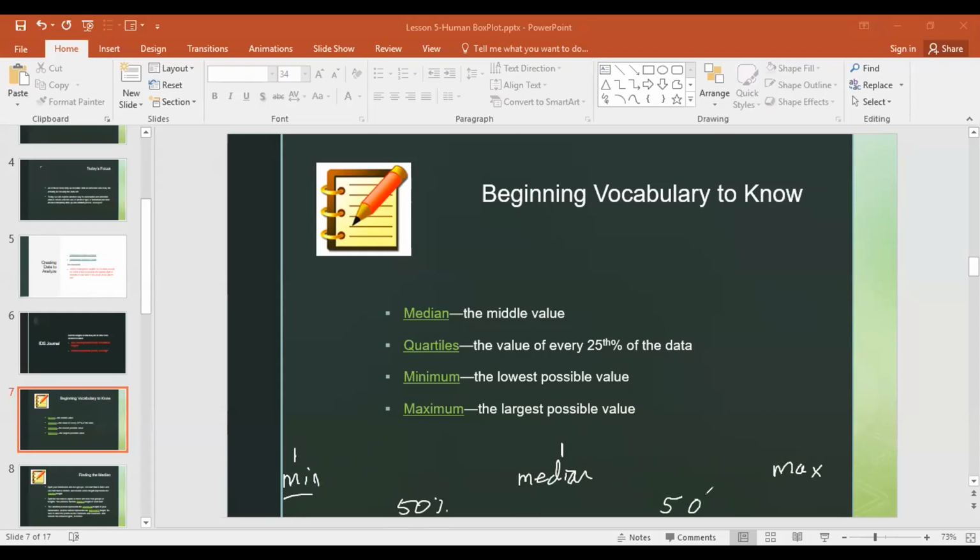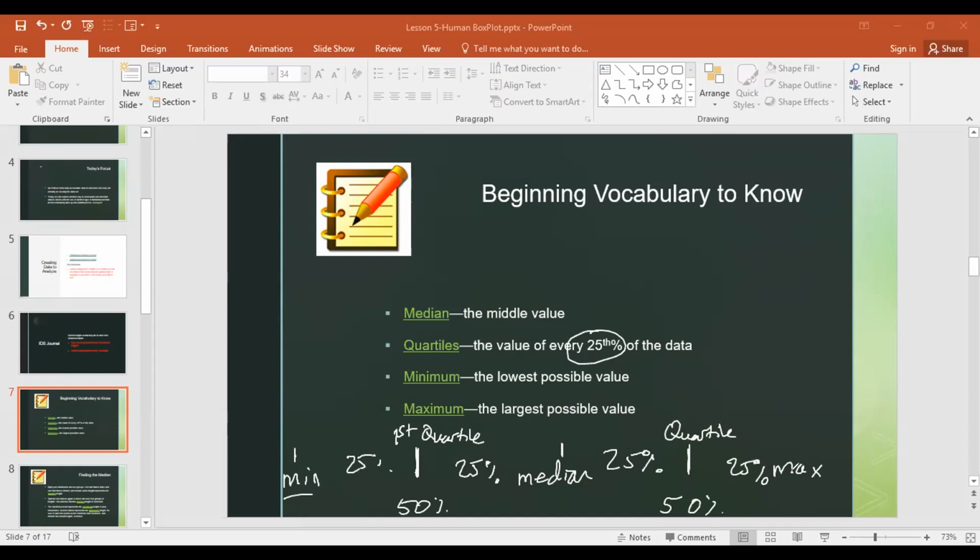So in order to break down into 25%, I then cut this, and this gives me my first quartile value. 25% of my data will be here, 25% will be there. Then I cut this one in half again to get 25% here and 25% here. And this represents another quartile value.